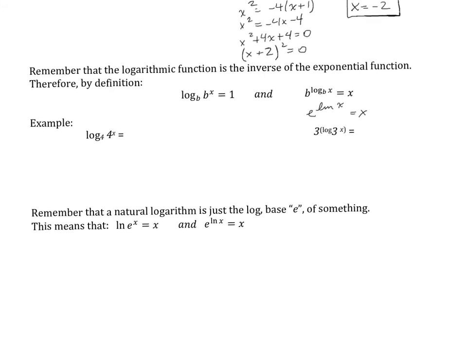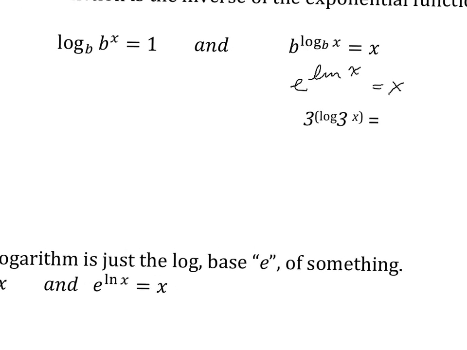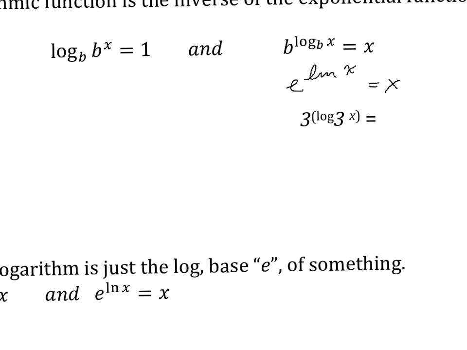So remember, our logarithm function is the inverse of the exponential function. Okay? Therefore, by that definition, and I've noticed that we have a little bit of a typo here. This should not say b to the x equals 1. It's just log base b of b equals 1. Log base b of b to the x actually equals x.